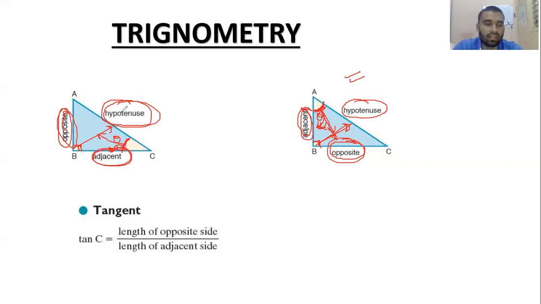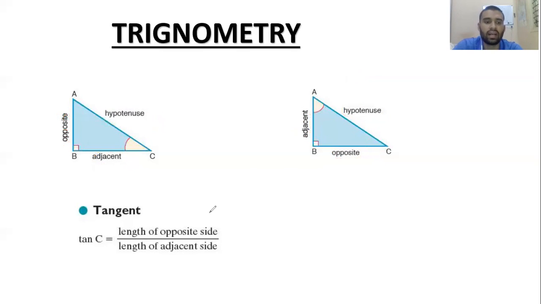As you saw here, this is the opposite, but in this case, this is the opposite. In the first triangle this is the adjacent; in the second triangle, this is. These might vary depending on which angle you consider.